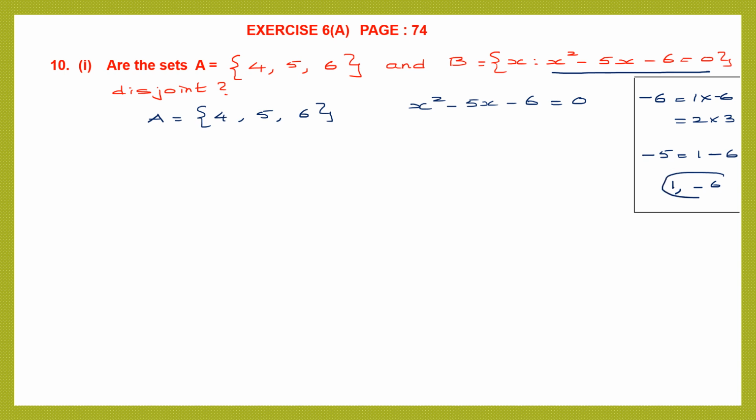We're going to use these two numbers here and we're going to split this term, minus 5x, into plus 1 minus 6. So let's write everything else as it is. So here we have x square plus 1x minus 6x minus 6 is equal to 0. So here we have split minus 5x into this, because even if you simplify this, you're going to get back this. Now we have done this so that we can get some common factors.